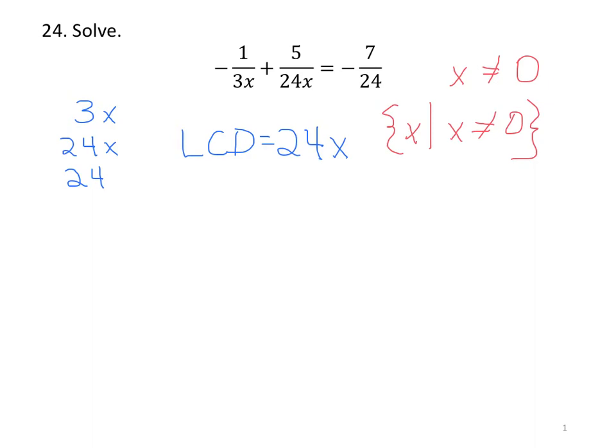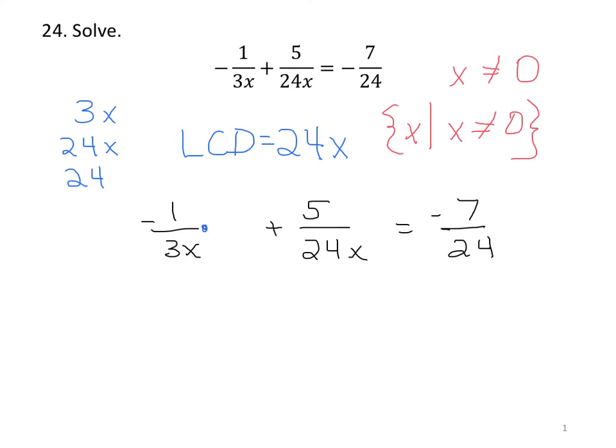So we need to have a fraction that we can multiply negative 1 over 3x by to get something over 24x. We'll make room for that. And then in the second fraction, we already have 24x as a denominator, so we won't have to do anything to it. But in the third fraction on the other side, we will. So let's look at the first case. We're going to multiply negative 1 over 3x by something to make it 24x.